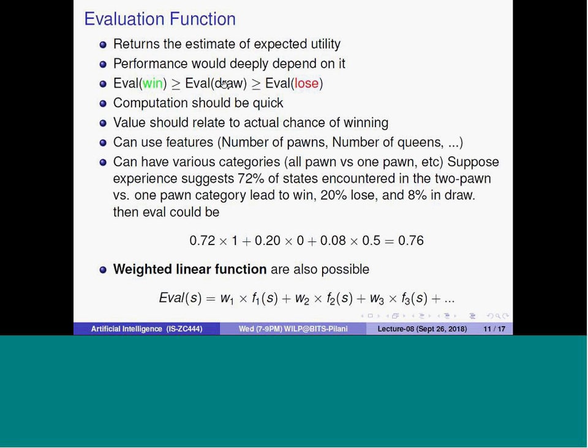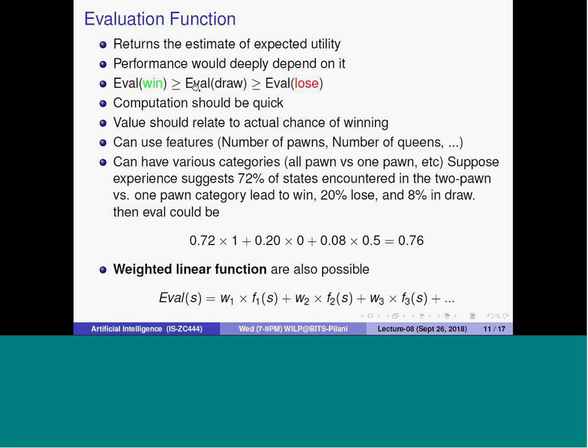The draw should have less value than the win, because winning is more important. Also, since we are going to be real time, and in the interest of time we are doing all these things, the computation should be quick. The value should be related to the actual chance of winning.